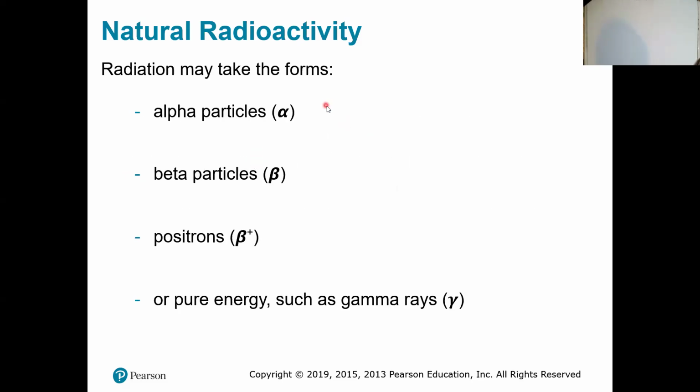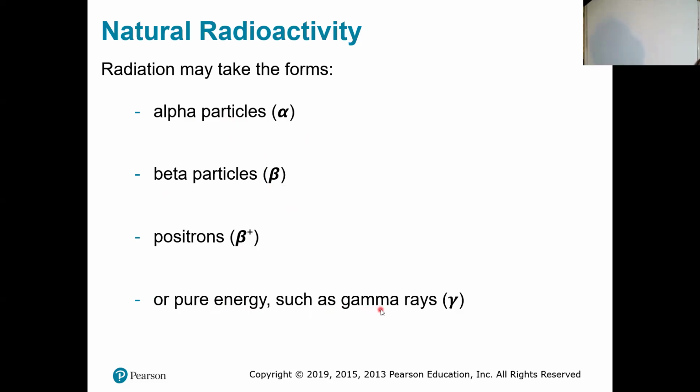Our main forms of radiation are going to be these four things. Okay, we're going to have alpha particles that have this symbol. We're going to have beta particles that have this symbol, and we're going to have positrons, which have this symbol. And then we'll also have this pure high energy called gamma rays.